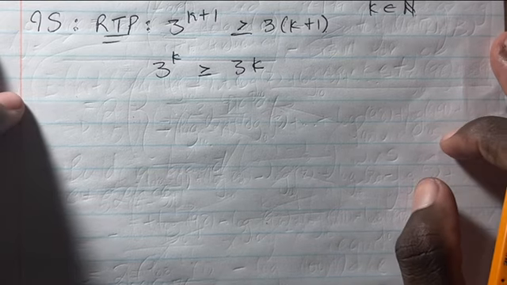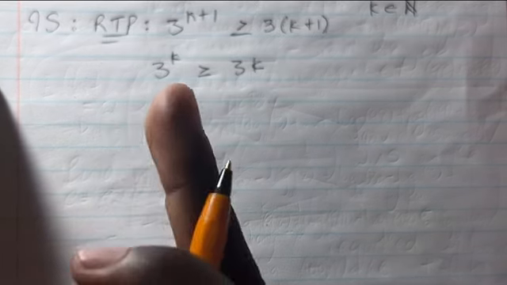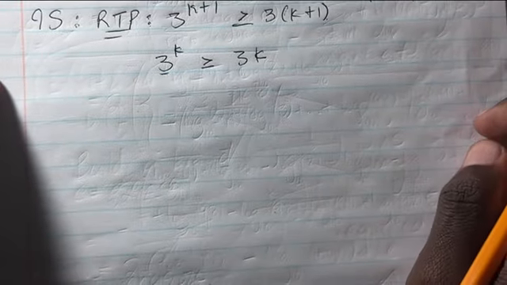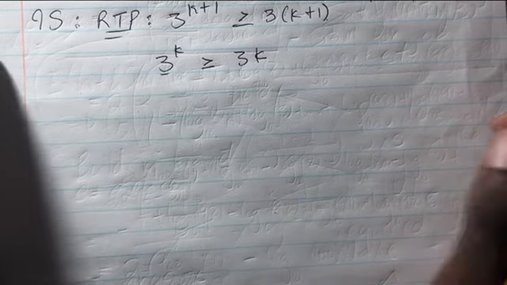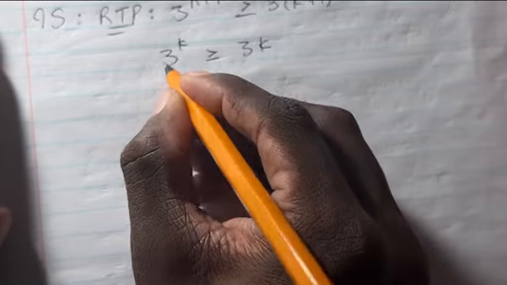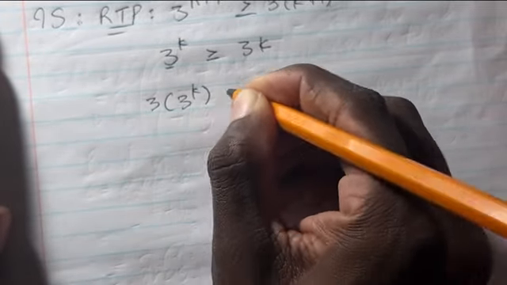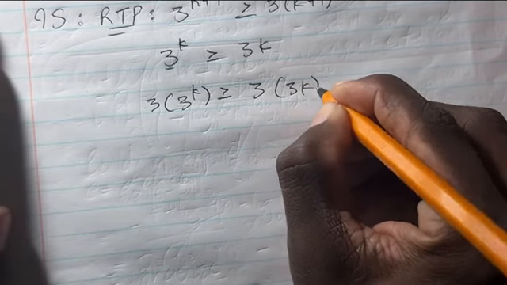First step, just multiply by 3 both sides. Why 3? Because it's the base of the exponential function, I guess you can call it a function. So multiply by 3, the base of this. 3 into 3 to the k, and 3 into 3k.